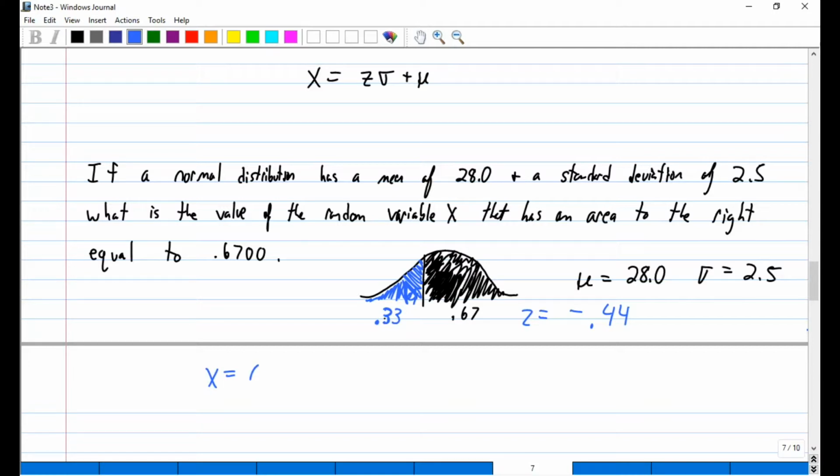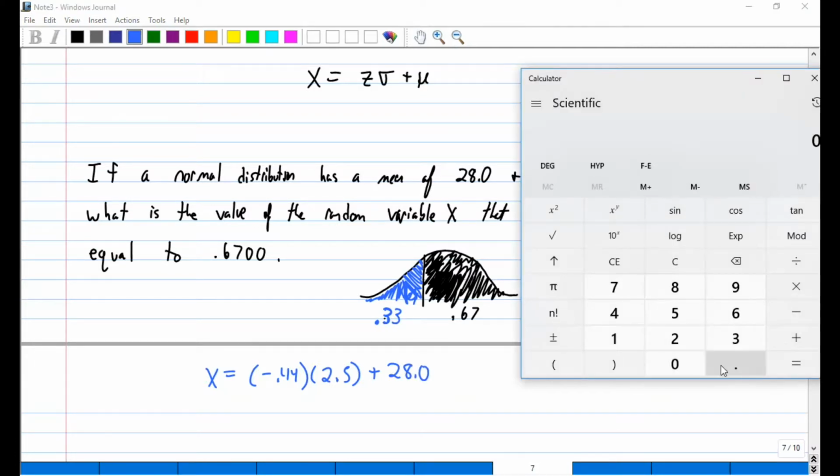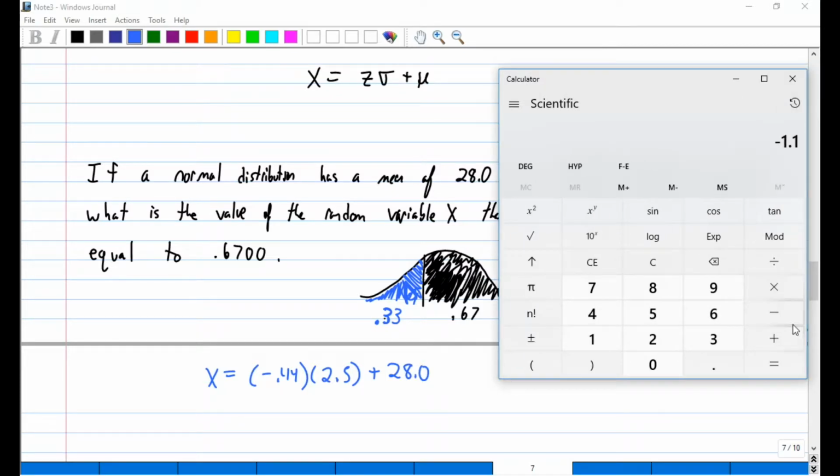X equals negative 0.44 times sigma, just 2.5, plus the mean, 28.0. All right. So negative 0.44 times 2.5 plus 28.0. So 26.9.